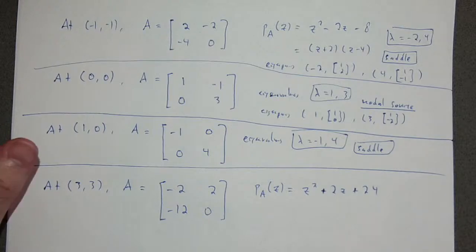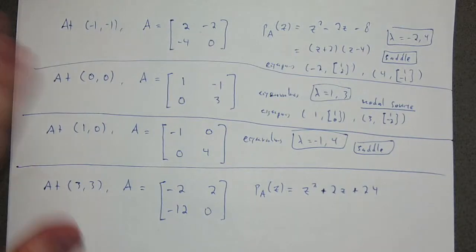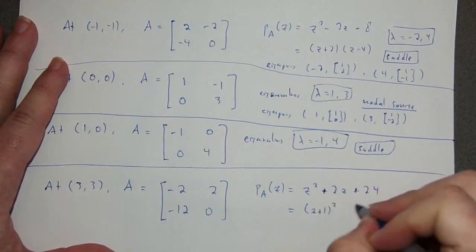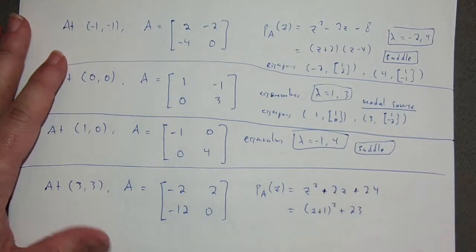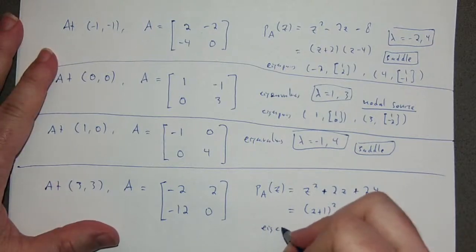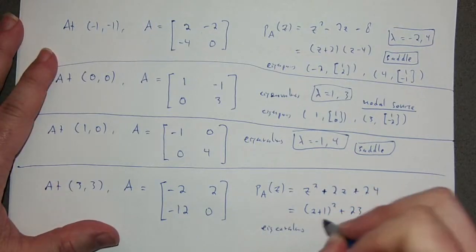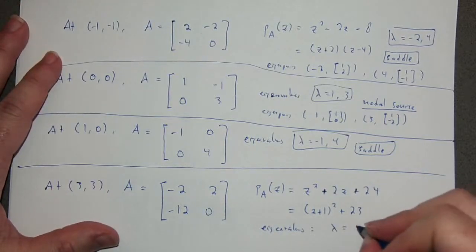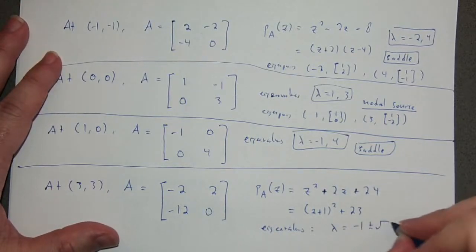I can rewrite this as z plus 1 squared plus 23. So eigenvalues are lambda equals -1 plus or minus root 23i.